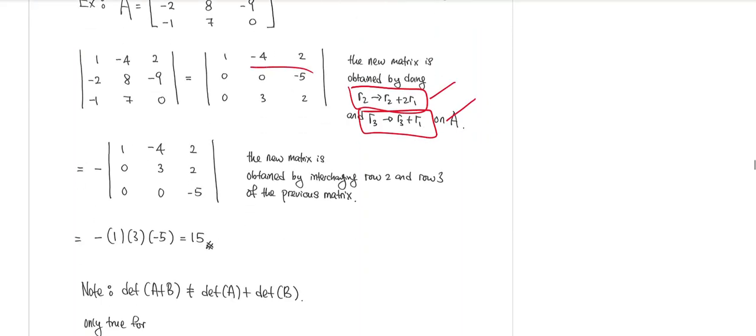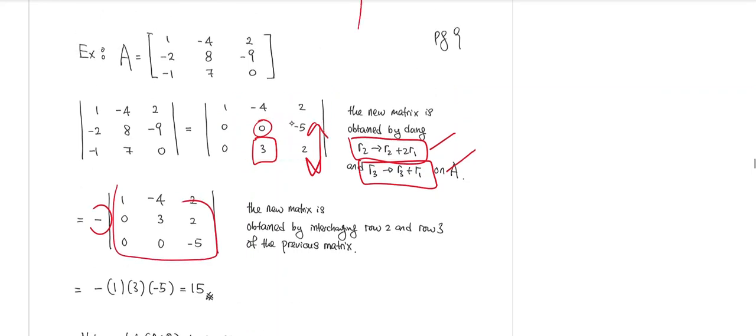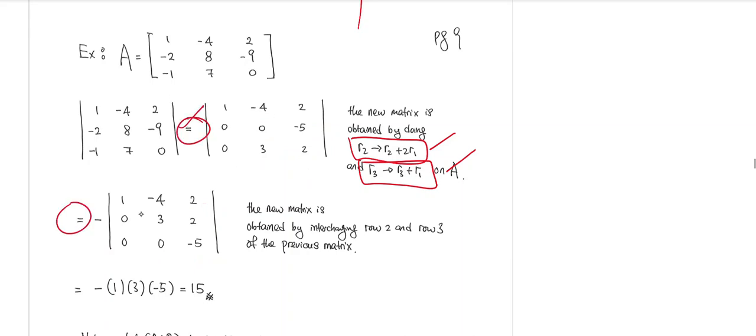And now I don't like this one, because in order to do a row operation, I would not want this to be 0. And this is not 0, so I have to interchange the rows. Interchanging rows will introduce a negative, so I have this. All the equalities are traced out like this: this part is equal to this, and then this is equal to this.